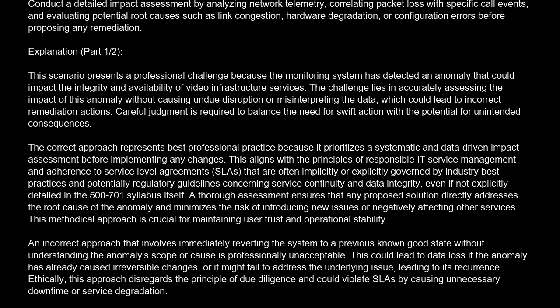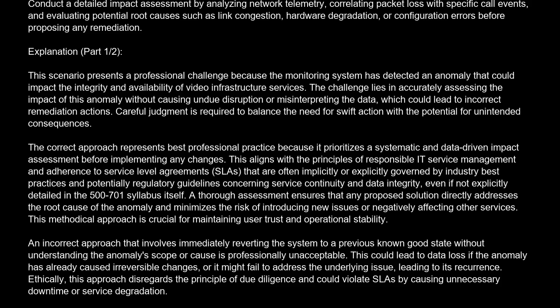The correct approach represents best professional practice because it prioritizes a systematic and data-driven impact assessment before implementing any changes. This aligns with the principles of responsible IT service management and adherence to service-level agreements, SLAs, that are often implicitly or explicitly governed by industry best practices and potentially regulatory guidelines concerning service continuity and data integrity, even if not explicitly detailed in the 500-701 syllabus itself.